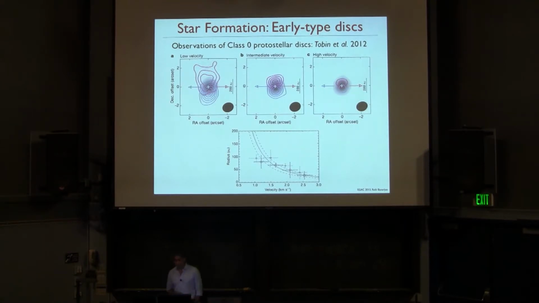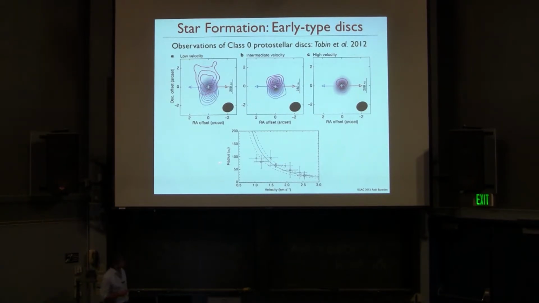First, observationally, and this is also already something Chris showed you, there is this beautiful work by Tobin and co-workers discovering a highly resolved, what is called a Class 0 object, which is surrounded by a protostellar disk. It nicely follows a Keplerian rotation, so this is a very convincing proof that these very early disks should already exist.